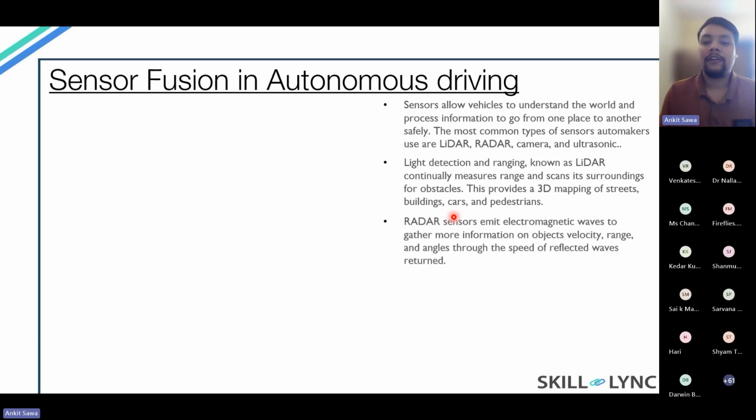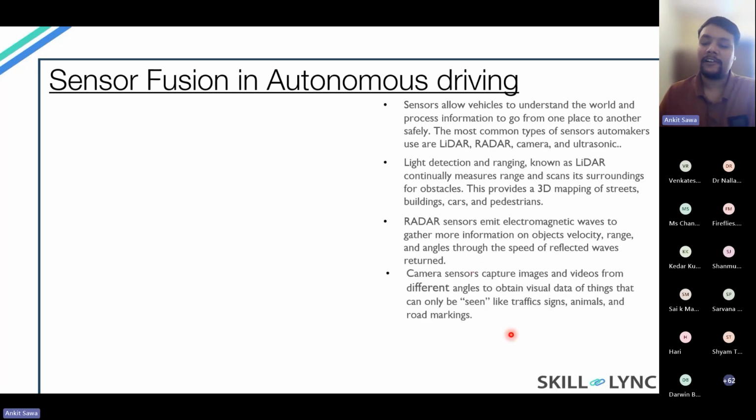The other type of sensor is the radar sensor. It's just like the communication of a whale and sonar, which we must have learned in our basic physics and maths. Radar sensors emit electromagnetic waves to gather more information about an object's velocity, range, and angles through the speed of the reflected waves.